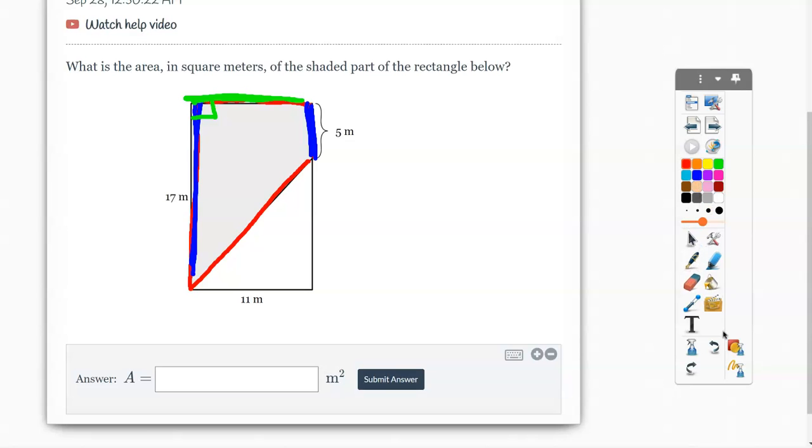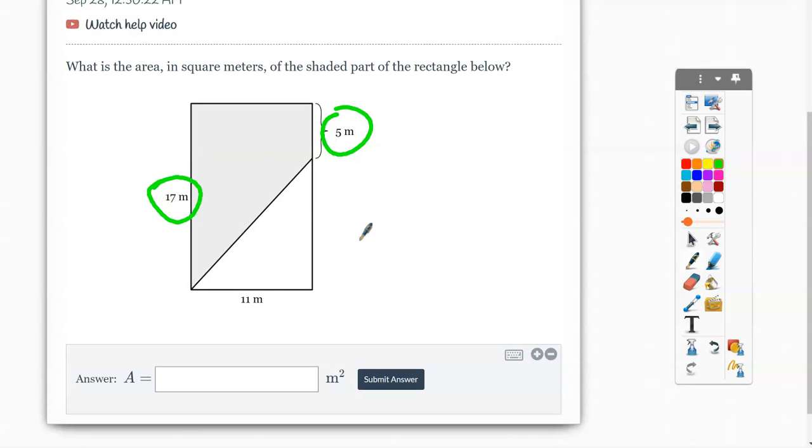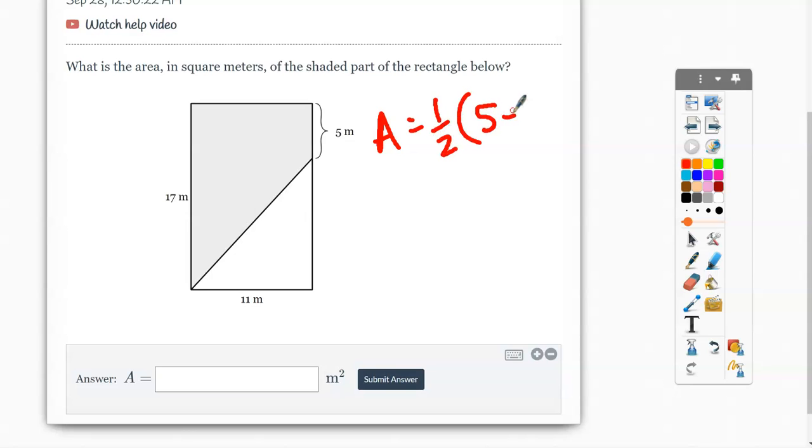So far, I know that I have a base 1 of 5, a base 2 of 17, and a height of 11, because a rectangle is the same on both the bottom and the top. So the area is 1/2 base 1 plus base 2 times the height.